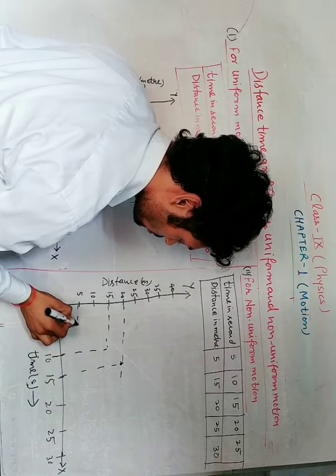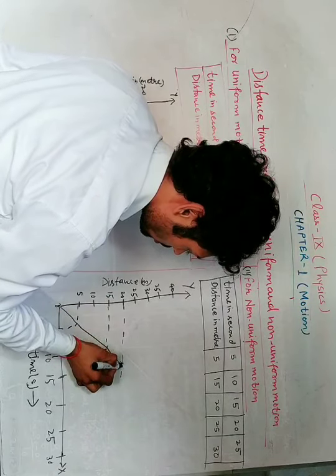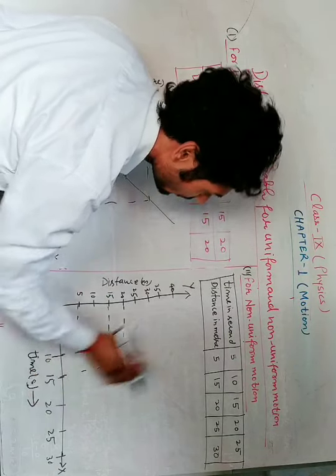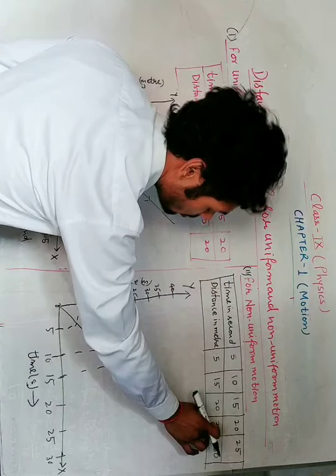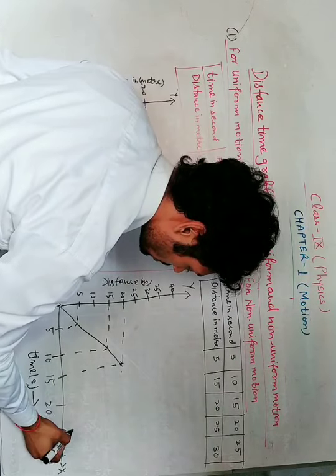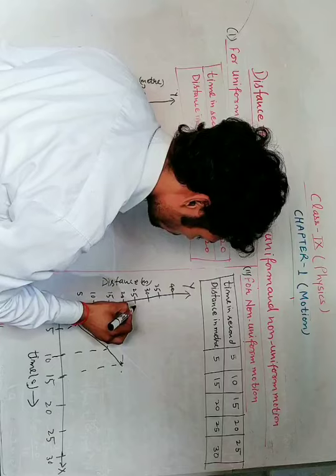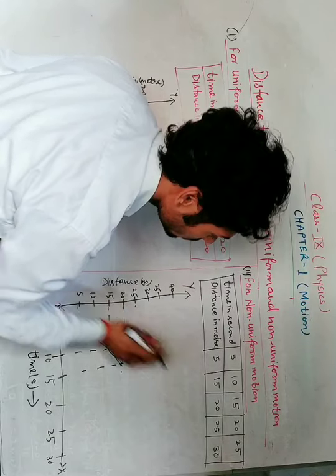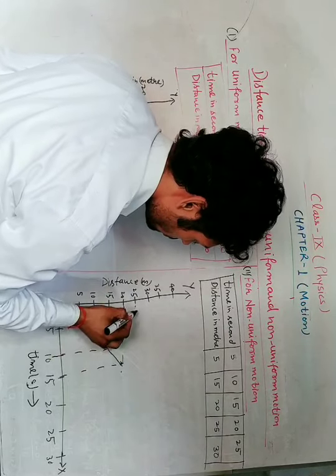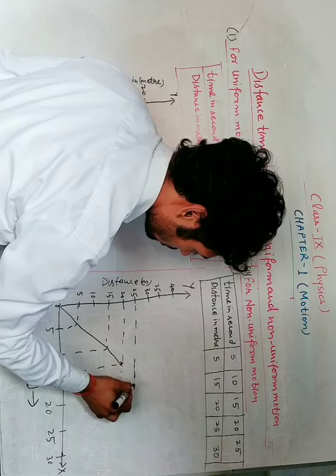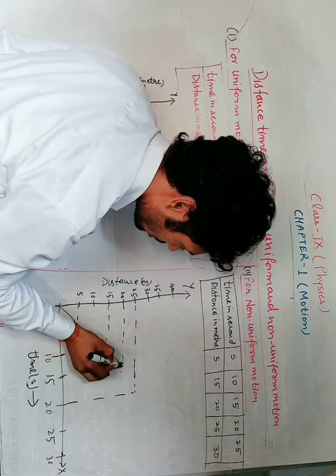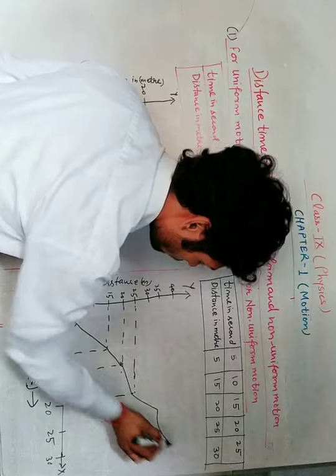So this graph will be in this way. And next 25 meters in 20 seconds, then its graph becomes in this way.